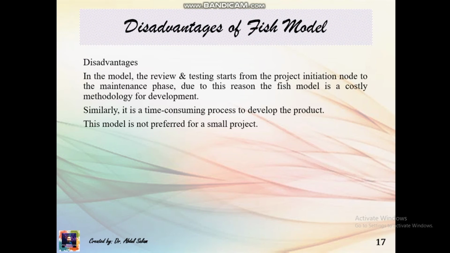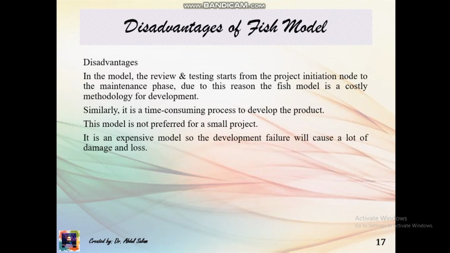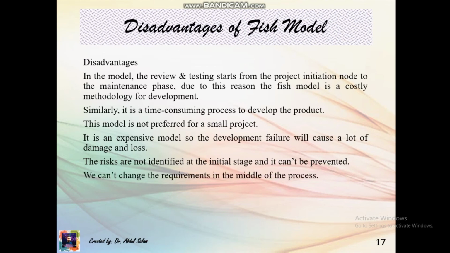This model is not preferred for a small project. It is an expensive model, so a development failure will cause a lot of damage and a lot of loss. The risks are not identified at the initial stage and can't be prevented later. We cannot change the requirements in the middle of the process.